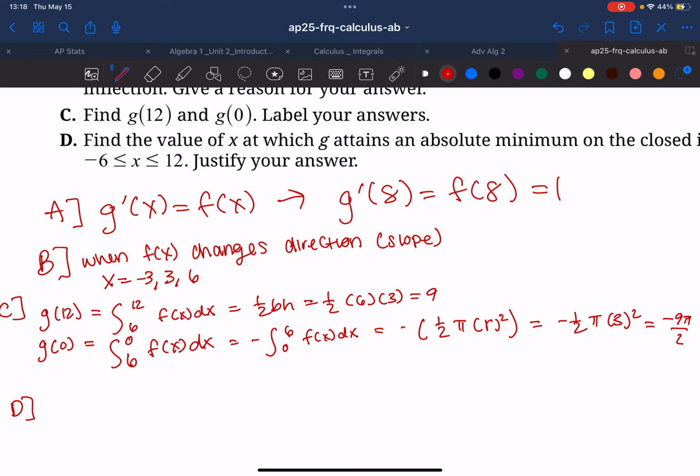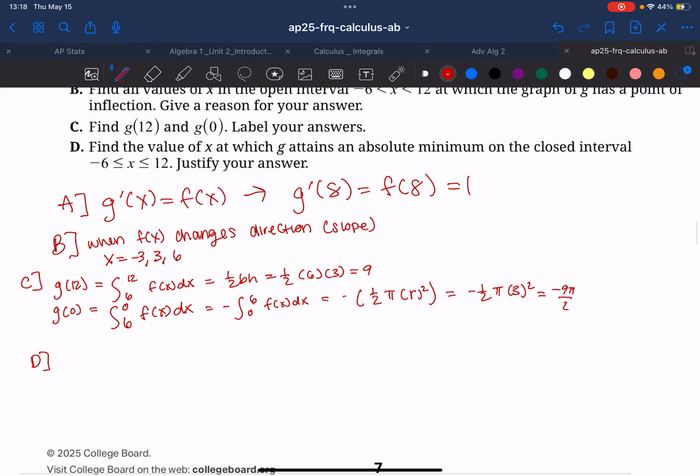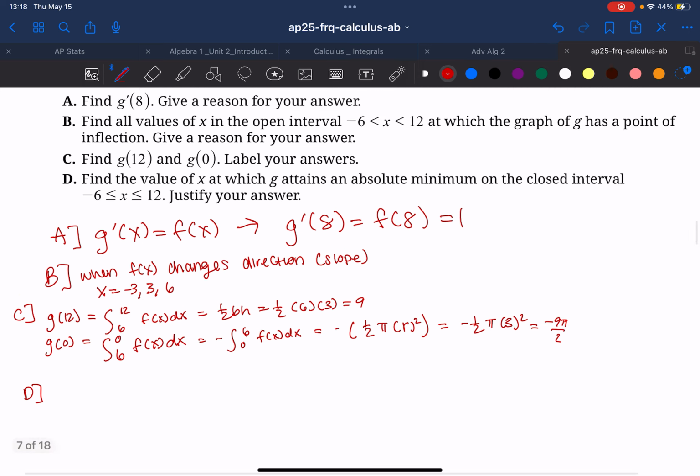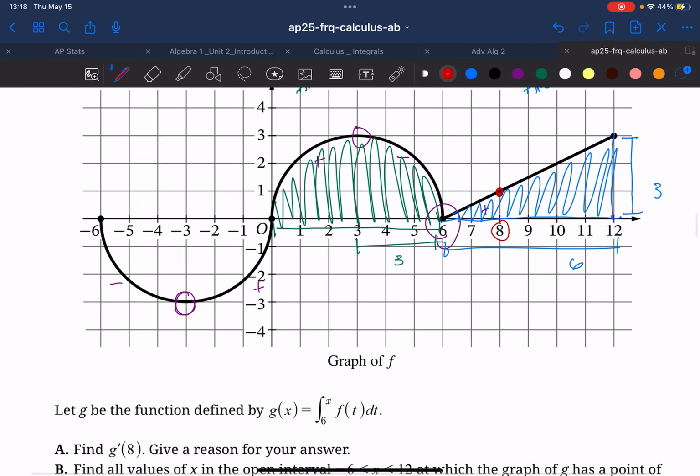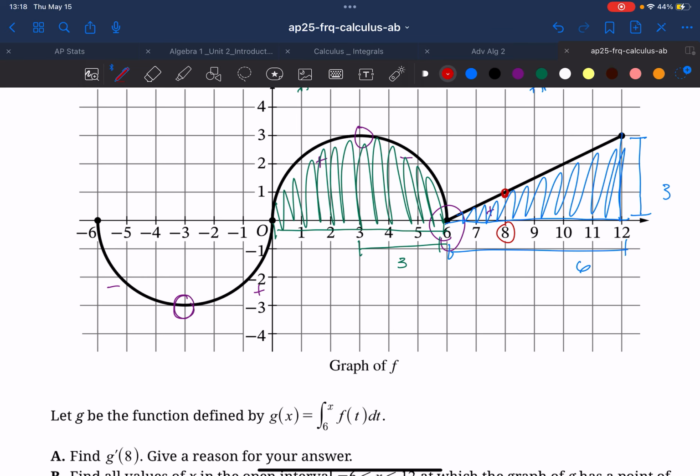Part D says find the value of x at which g attains an absolute minimum on the closed interval and justify your answer. Okay, well, from here, what we're going to do is look at that interval. So I'm going to go back up to here, and I am going to find where f of x is equal to 0.